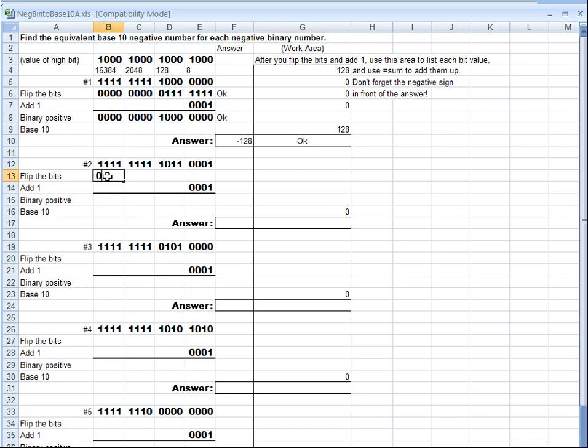So let's do the first, problem number 2. And I did flip the bits okay. This one is not difficult to add up. So I got it right.